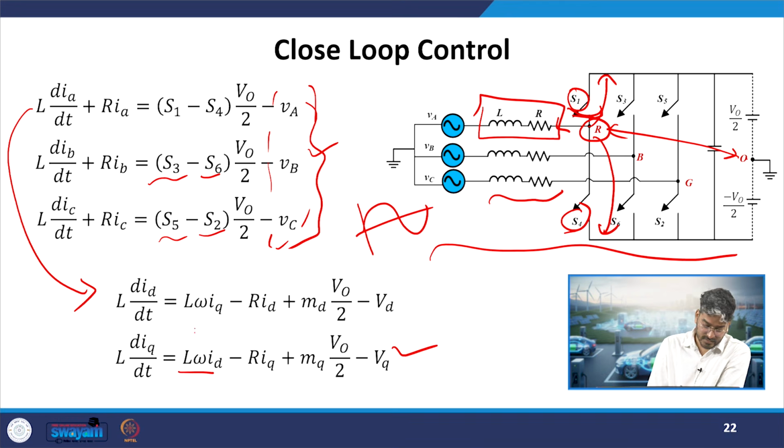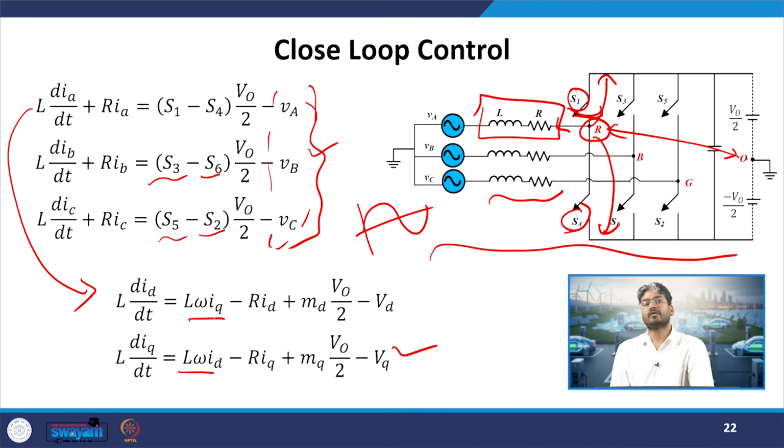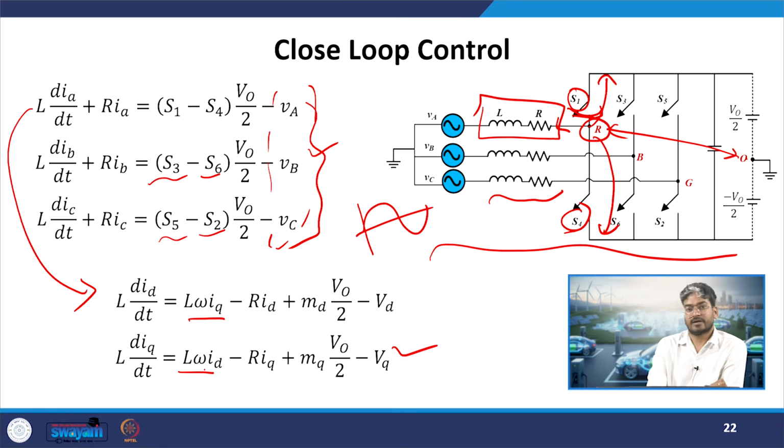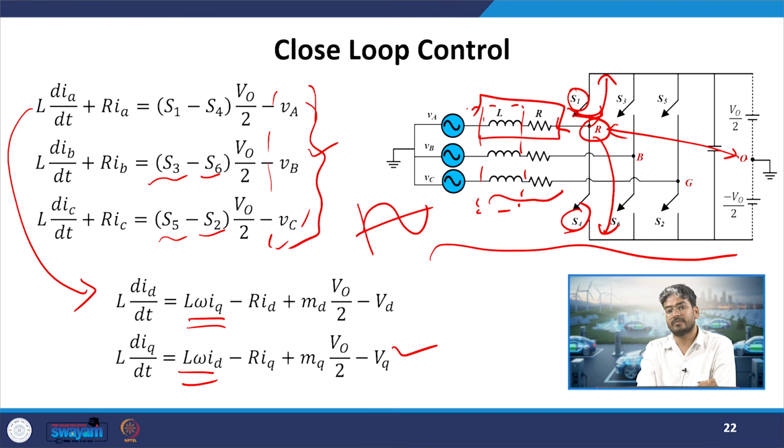In both the cases, in the D axis I have got the Q axis current, and in the Q axis I have got the D axis current. It is because of the inductor which was present in between, so we have got a type of coupling between them. What is the meaning of that? If I change the D parameter now, it will slightly affect my Q parameter because of these two terms.